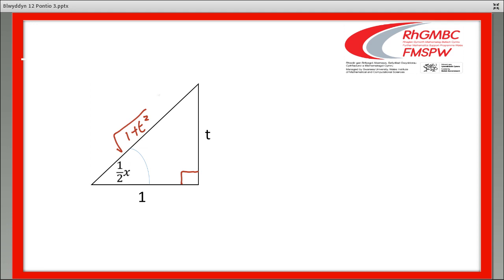Now, once you've got that, we are then in a position to find the values of sine of half x. So sine of half x is opposite t divided by hypotenuse, the square root of 1 plus t squared.